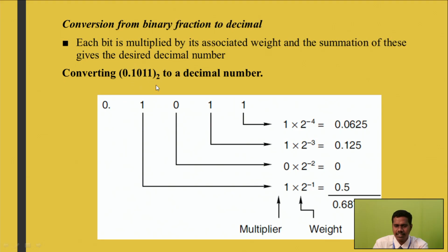The next digit has the position 2 power minus 2, the next one has the weightage 2 power minus 3, and the last digit 1 has the weightage 2 power minus 4.